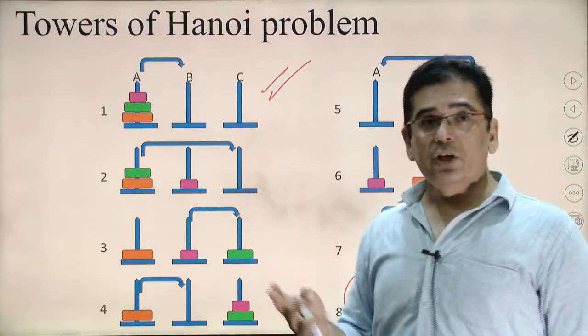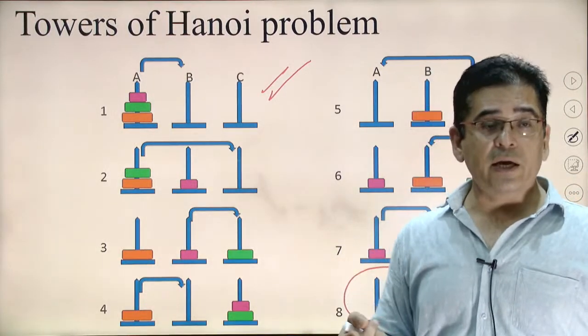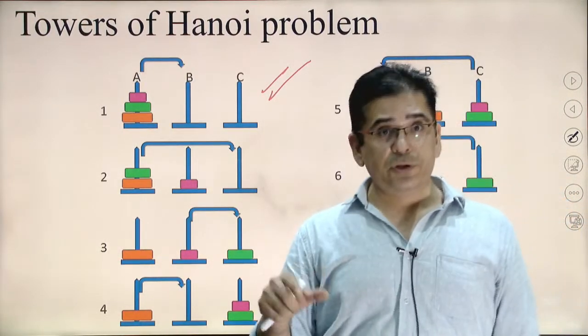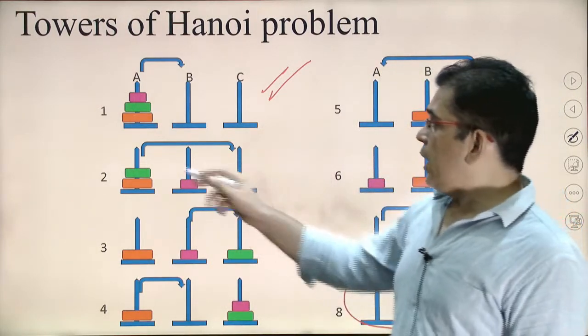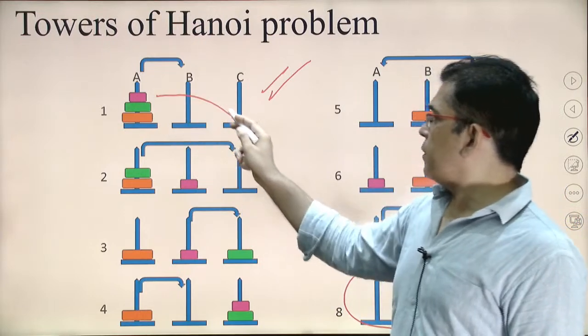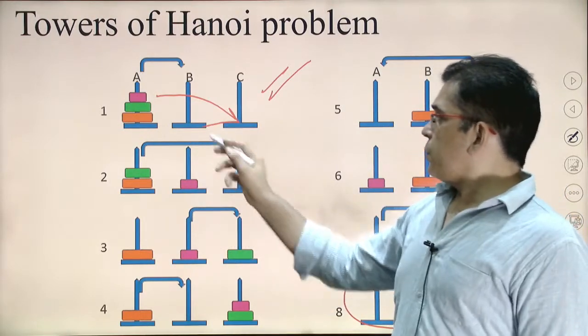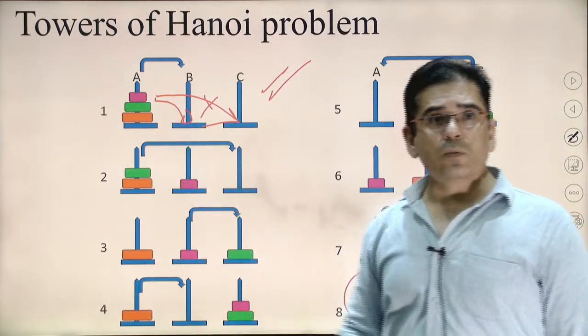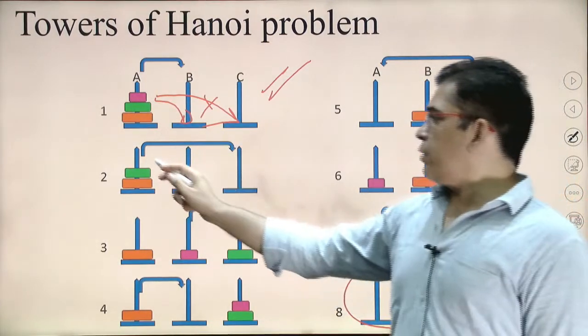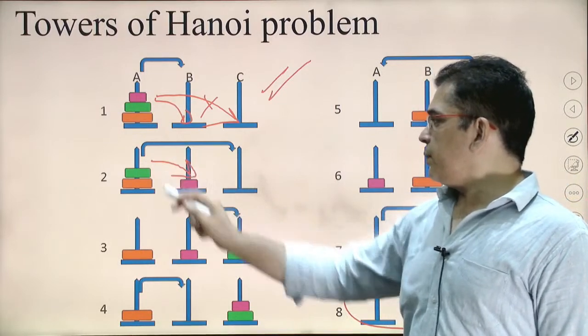As there are 3 rules, you can move only one disk at a time, and at any stage a larger disk does not come over a smaller disk. So in the first move, I have transferred the smallest disk from tower A to tower B, as you can see here.